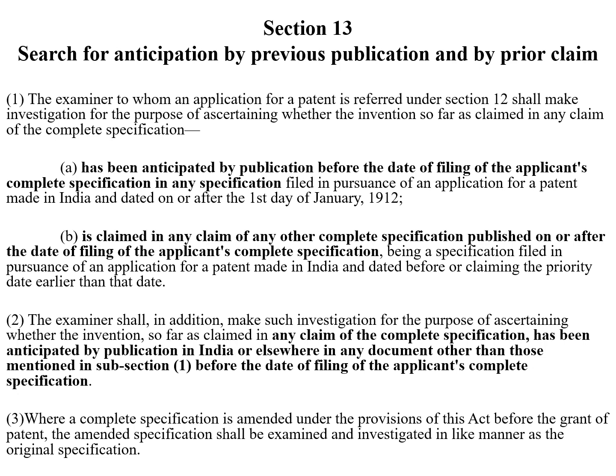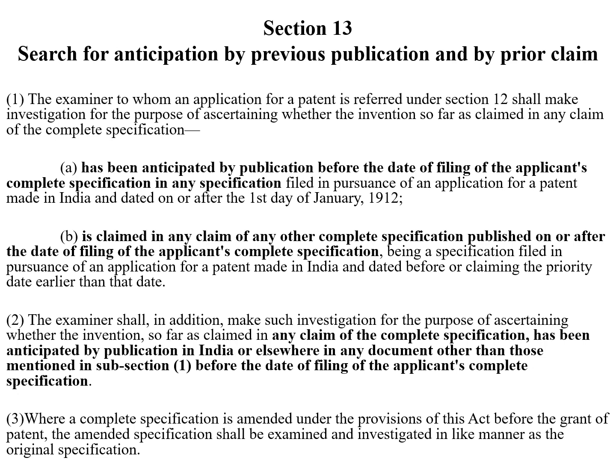So the publication date and the date of filing. So he will match it with the date of filing of the applicant's complete specification and see whether these prior art documents are before the date of filing of the applicant's invention, or if it is later. If it falls before, it is likely to get an objection on anticipation.